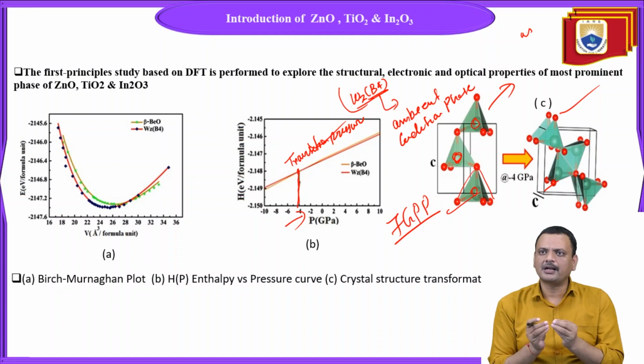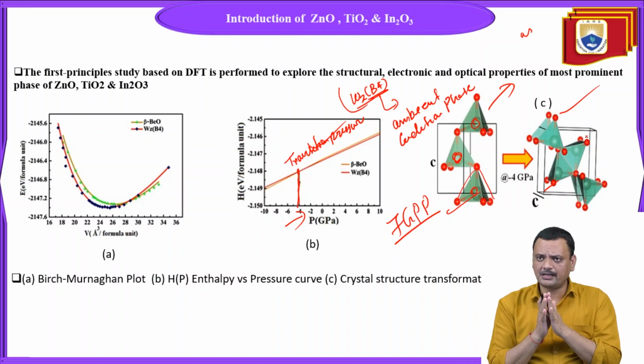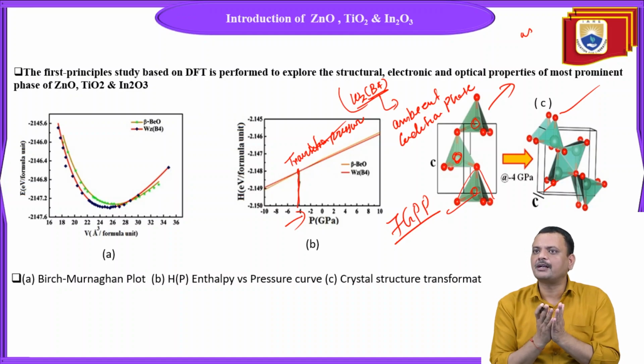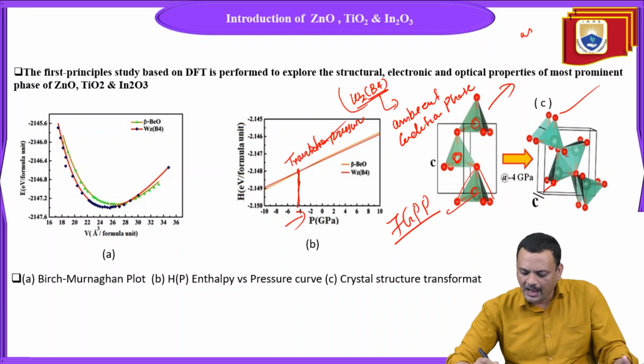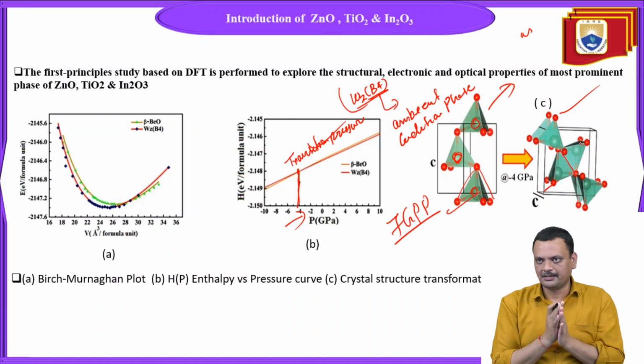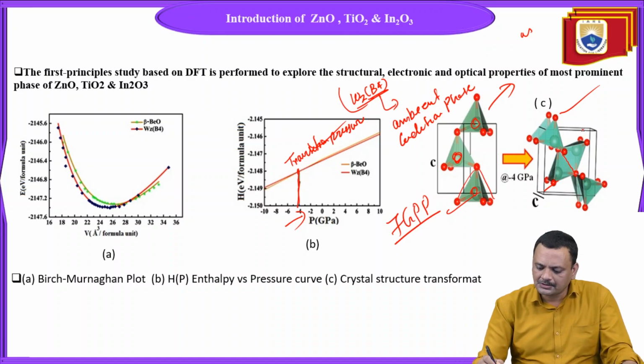Their corners are connected with each other. But in the beta BeO form, the tetrahedral formation is not changed, but the connection between the tetrahedra is changed, and now they are edge sharing. Their edges are connected.